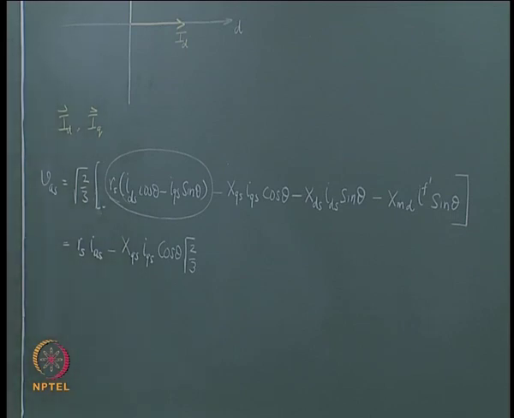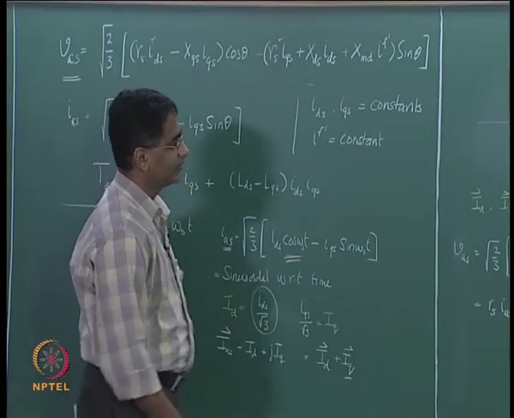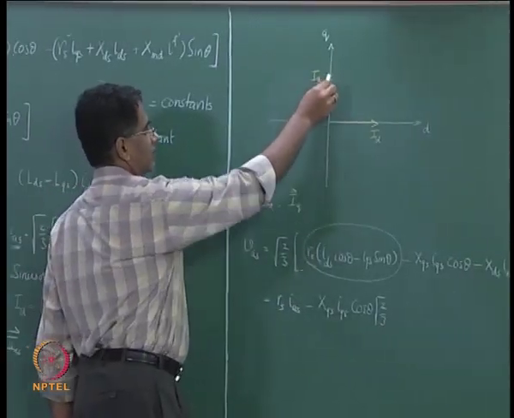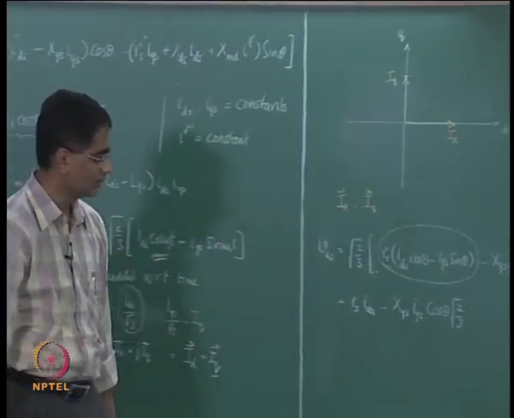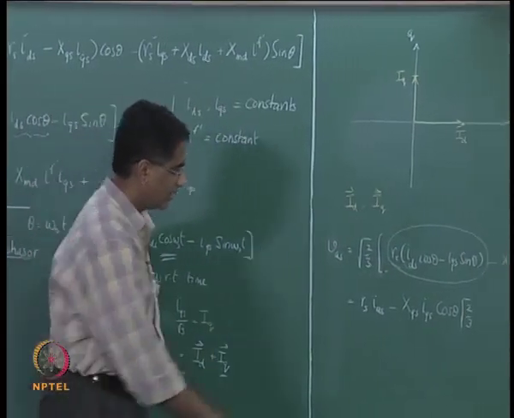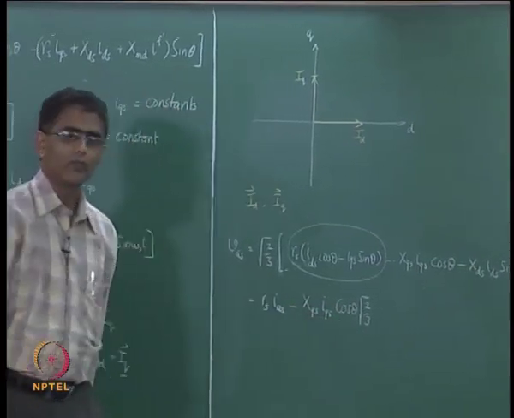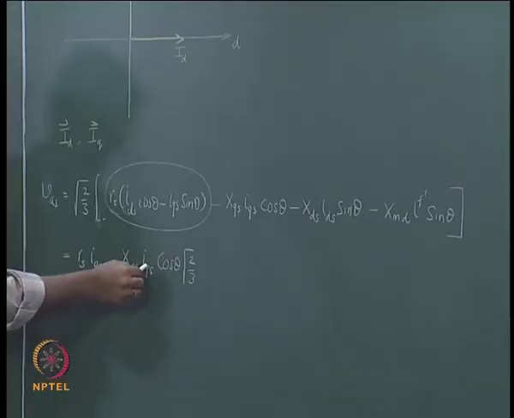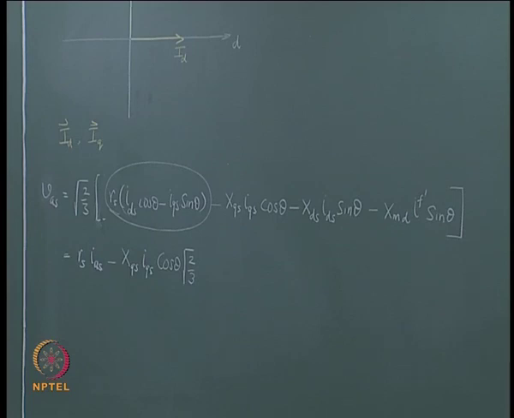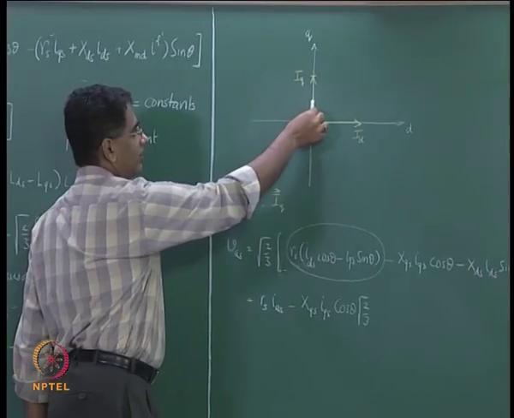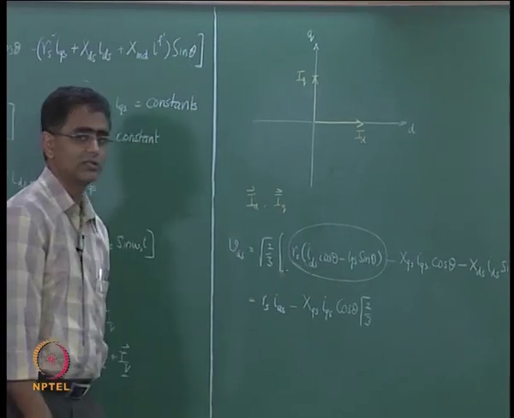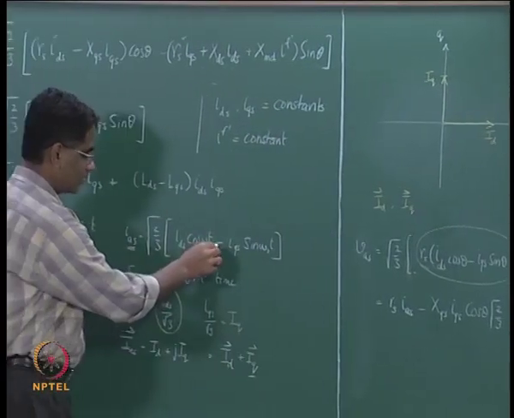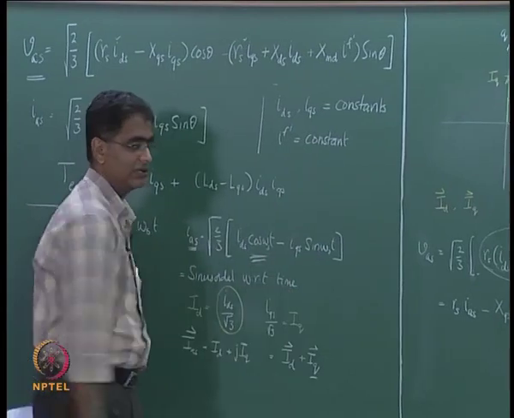Now what we had said earlier is IQS into sin theta is a phasor that is lying along this axis whose length is IQS by root 3. If we take the RMS, you need to divide by root 2, therefore what you are left with is IQS by root 3, and the phasor of IQ lies along the Q axis.